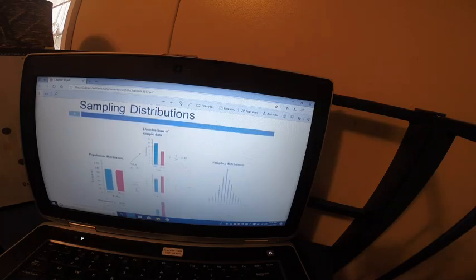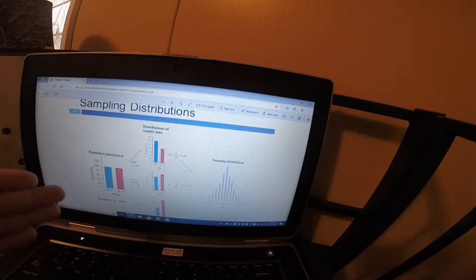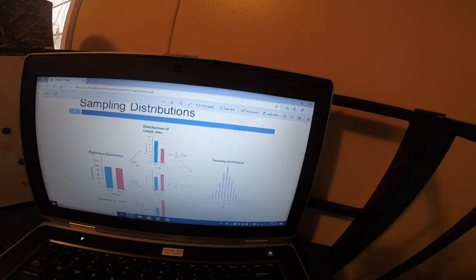A population distribution is what the entire population is overall. If you think really simply, maybe in colors, we'll do colors of marbles here. You might have 100 blue marbles and 100 red marbles in your entire population. If I take a sample of size n of those marbles, I might wind up with 12 blue marbles and 8 red marbles.